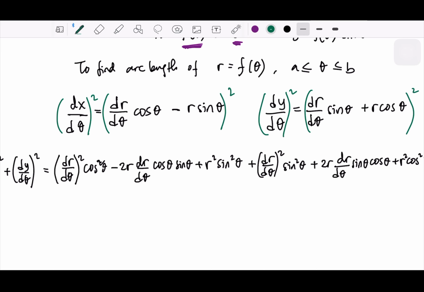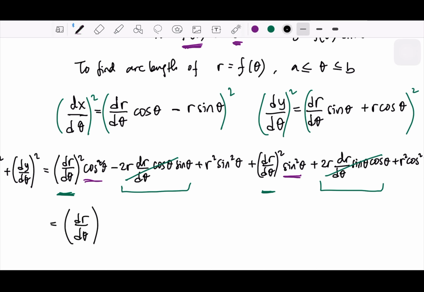Okay, this part here is canceling, right? And then the other one, if we look at, is dr over d theta squared, dr over d theta squared, and it has the cos squared and sine squared, right? So we can use sine squared plus cos squared equals 1. So we have only dr over d theta squared.